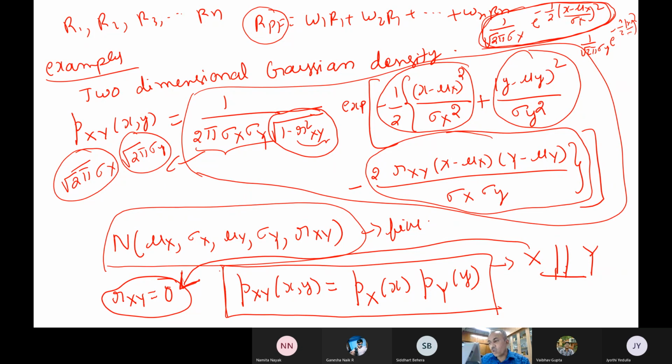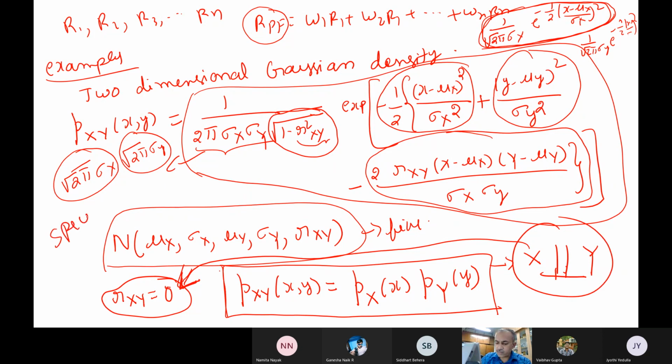And of course, it is valid only for Gaussian. If it is something else, a complicated distribution, then this may not be true. Uncorrelatedness doesn't in general mean independence, but for Gaussian, uncorrelatedness means independence. If you want to check other distributions, you substitute Rxy equal to 0 and verify this property, but it doesn't happen. So this is a very special property of Gaussian.